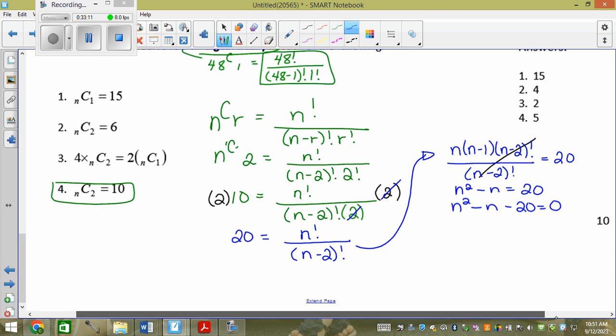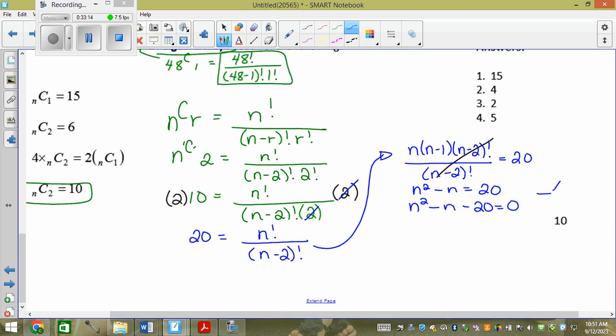I say to myself, what times what equals the outside number, negative 20? Negative 5 and 4. What plus what equals negative 1? And the answer is negative 5. Can I go straight to brackets or do I have to do decomposition? Straight to brackets, because there is a leading coefficient of 1.